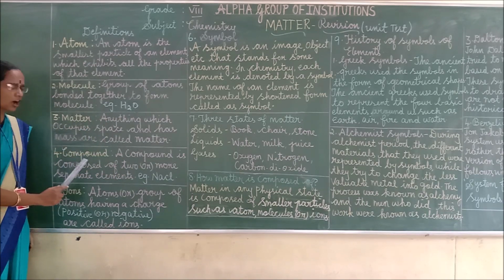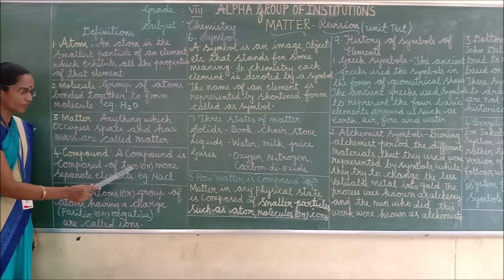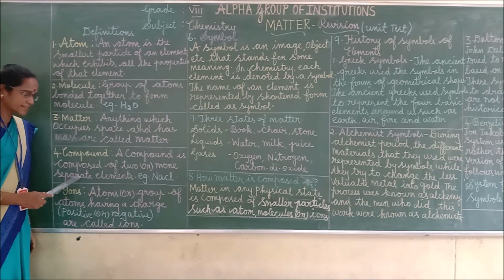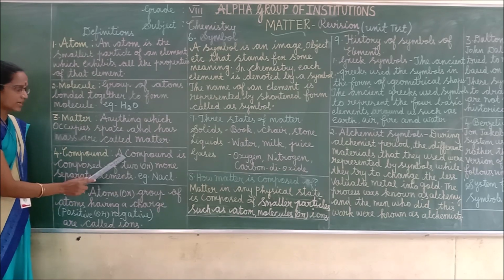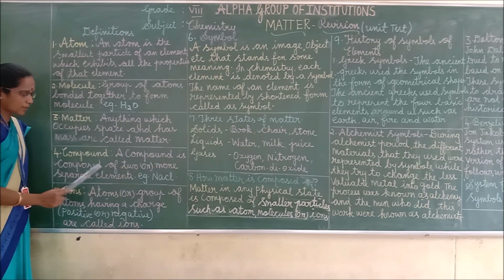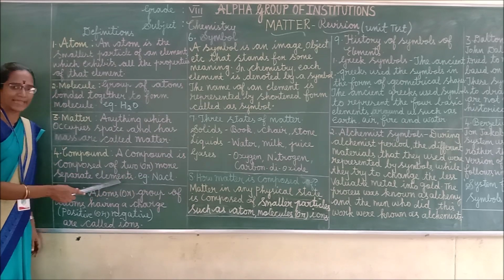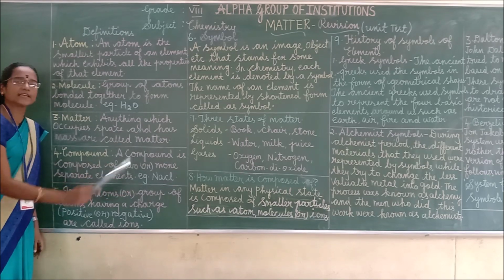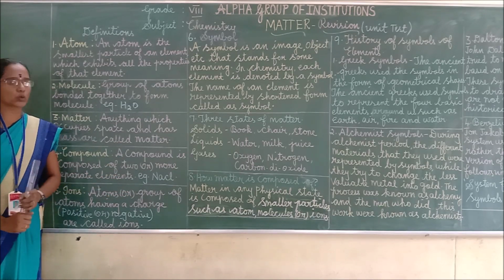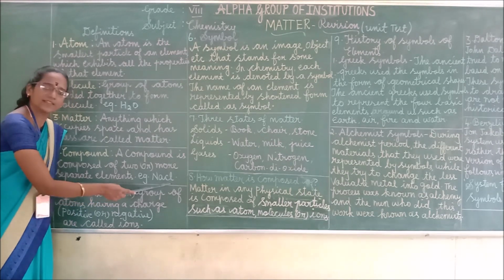Fourth question, compound. A compound is composed of two or more separate elements. Example, NaCl. NaCl is nothing but sodium chloride. Na means sodium and Cl is chlorine.